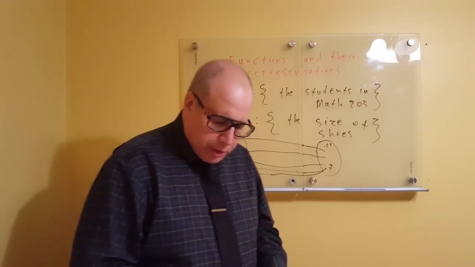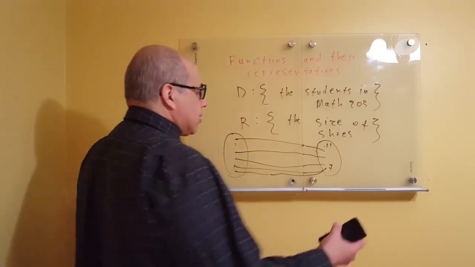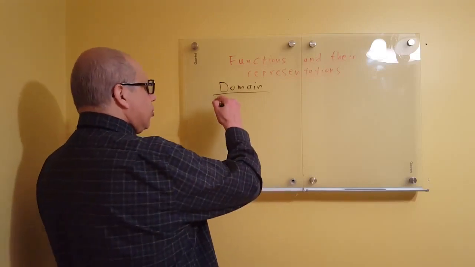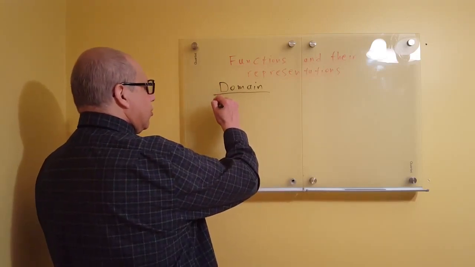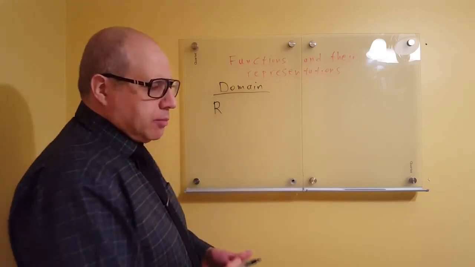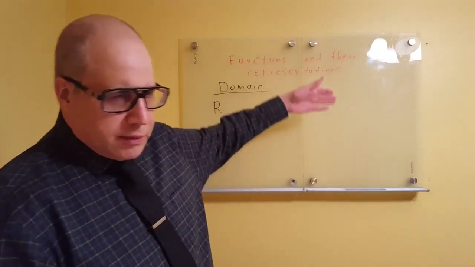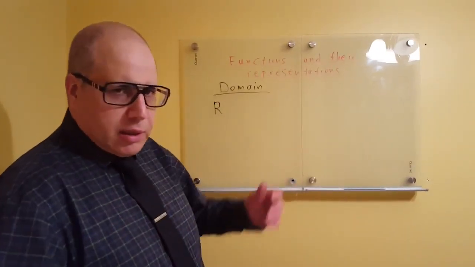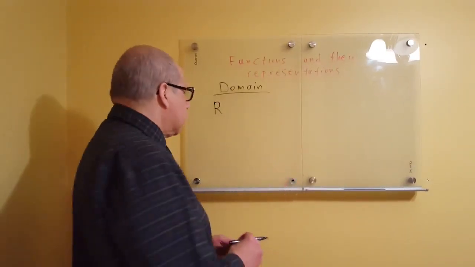Just to help you understand a little bit better what is a function. For this topic, the domain will always be the set of real numbers. By real numbers we mean anything from negative infinity to positive infinity, decimals, all kinds of numbers.